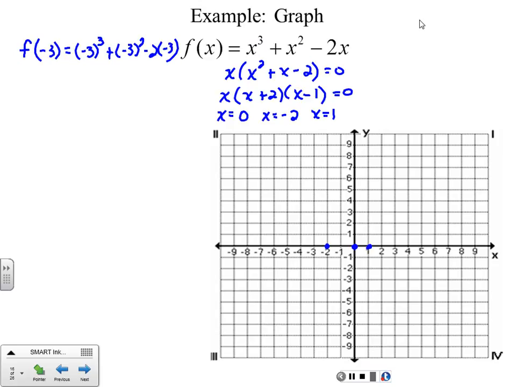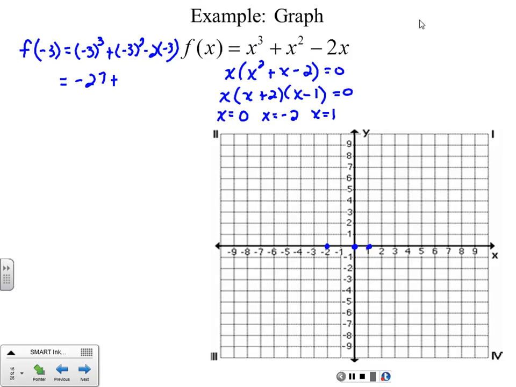I'm thinking we're going to get a negative number. I don't know exactly what it is. Does anybody know exactly what it is? I disagree, because -3 cubed is going to be -27.